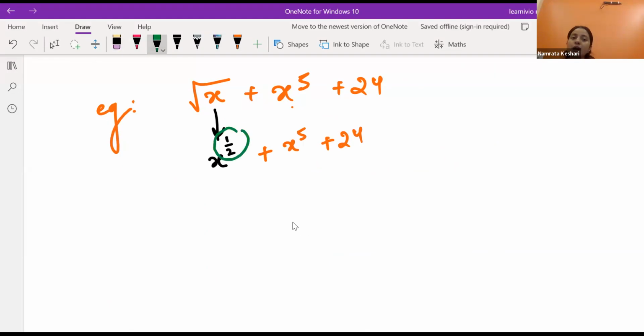So this 1 by 2 power, is it whole? No. So here only we will make the declaration. We don't have to check ahead. We will say no, the given expression is not polynomial. Getting it?